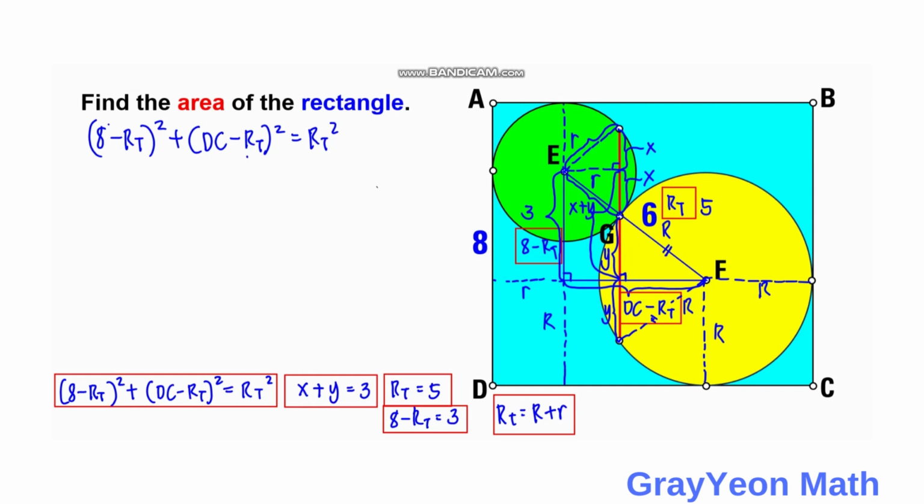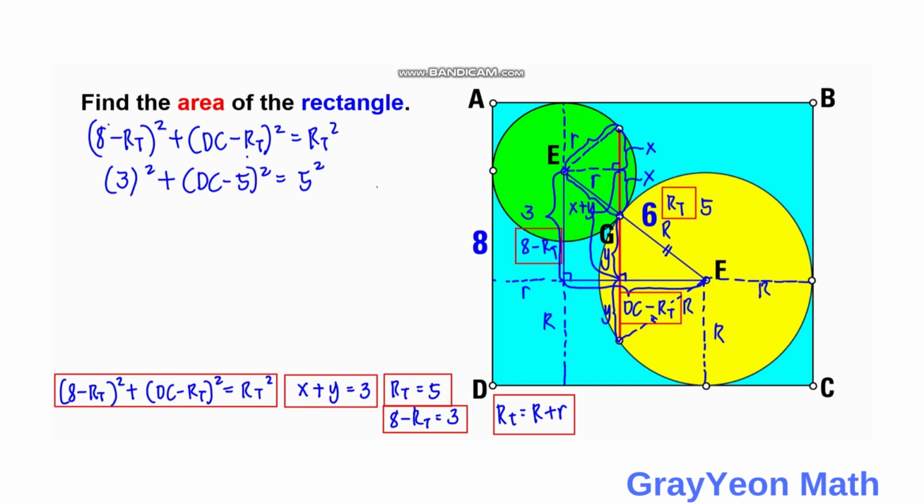We already got this 8 minus r sub t as 3, so this is 3 squared plus dc minus 5 squared is equal to 5 squared. So we can put this 3 squared on the right.